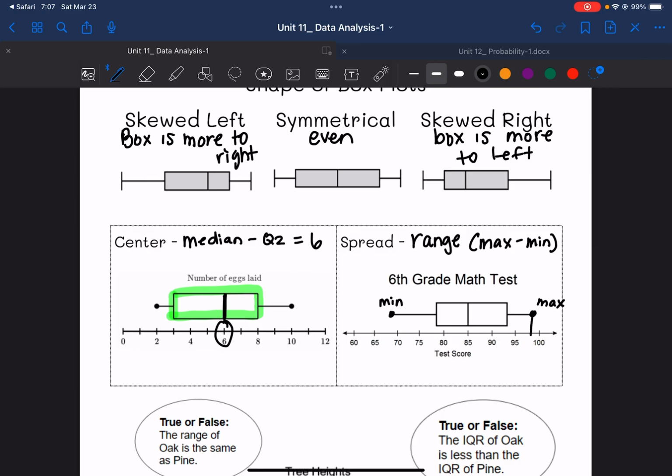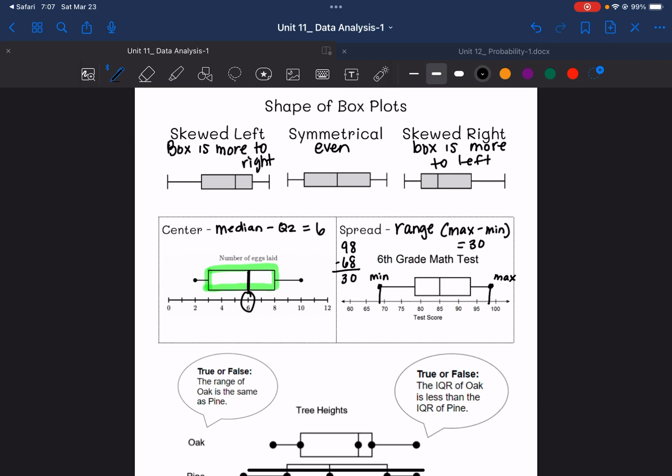So let's say that this is at 98, and this is maybe at 68. And we're going to subtract those two numbers. 8 minus 8 is 0. 9 minus 6 is 3. So that means that the range for this spread is going to be 30. All right, let's go down. You can pause if you need to.